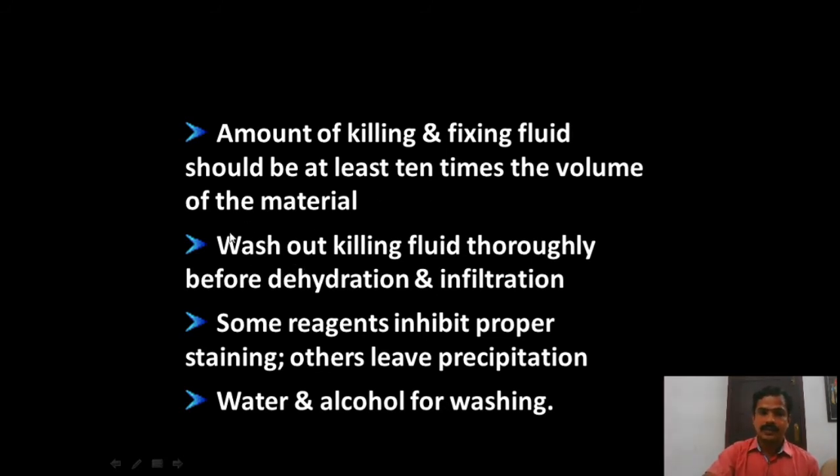Then after fixing, wash out the killing fluid thoroughly before dehydration and infiltration. Otherwise, the reagents of the killing and fixing fluid may inhibit the proper staining procedure, and some reagents may leave precipitation on the surface of the specimen or the section.